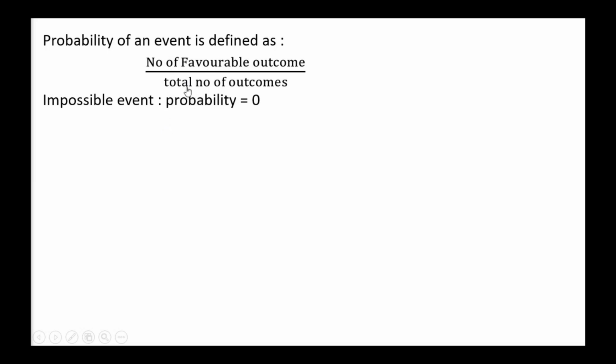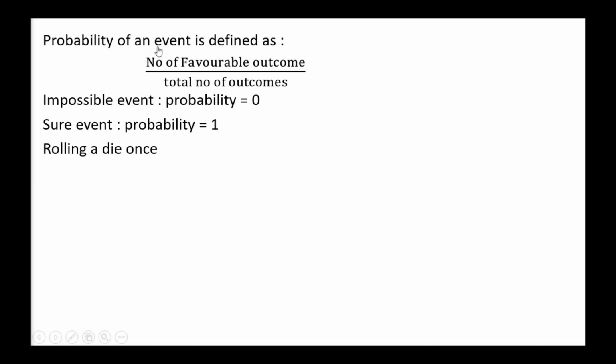The probability of any real event in reality is between 0 and 1, because a probability of 0 means that there is no chance of that happening. And then we have a sure event where the probability is 1, so that means that event is going to happen 100%. So all the probability in the world actually is between 0 and 1. It can be 0, it can be 1, but it is not more than 1.